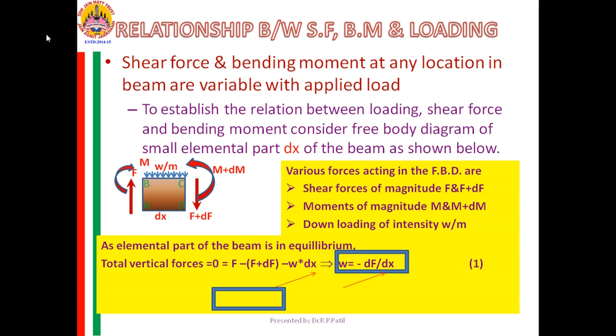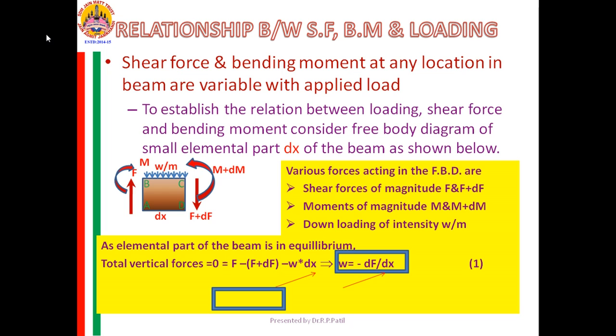So if you simplify it, F and F will cancel. You just calculate the value of w. You will get w equal to minus dF by dx. Yes, what is it? w is the loading.